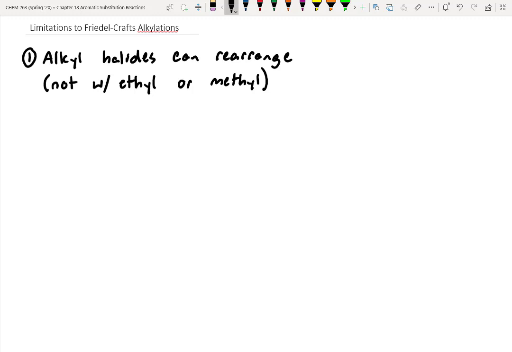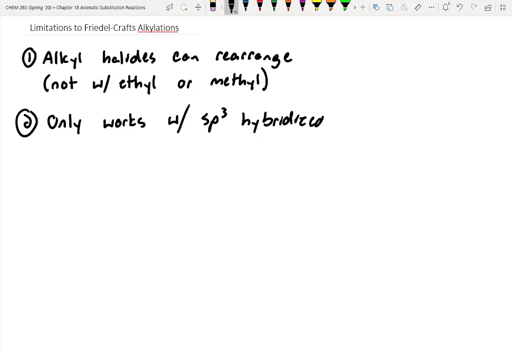out for. Number two is one that I mentioned already, and that is that it only works with sp3 hybridized alkyl halides. All right, so I'll show you an example of one that will not work.